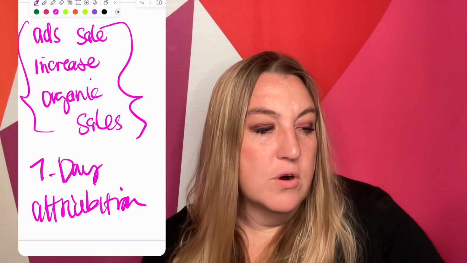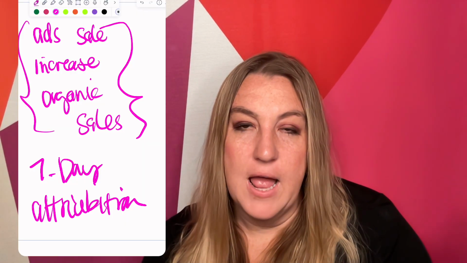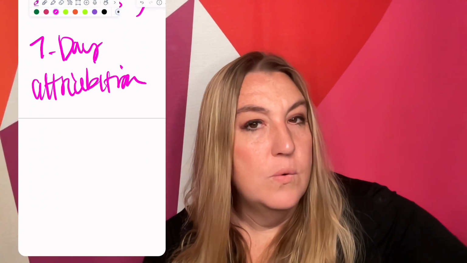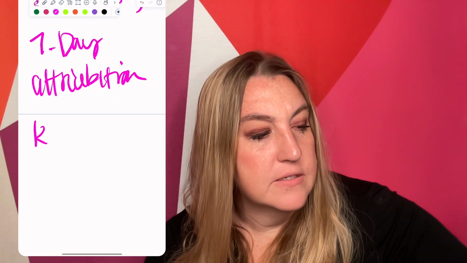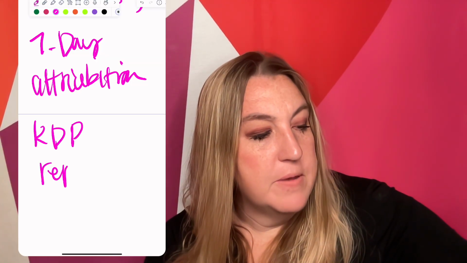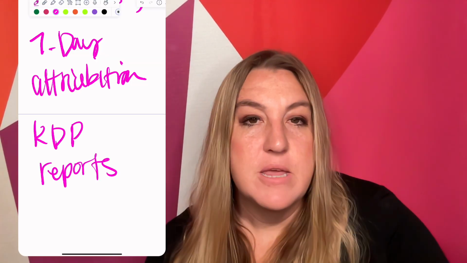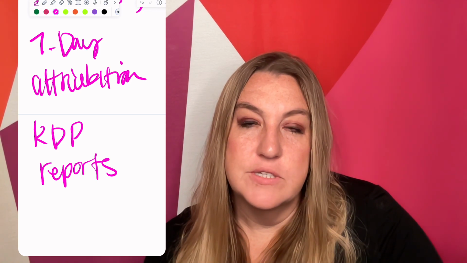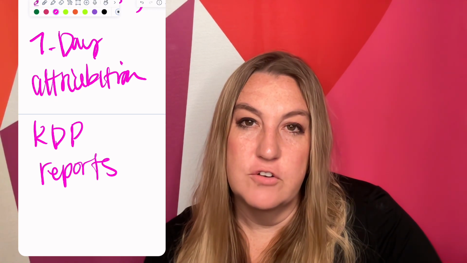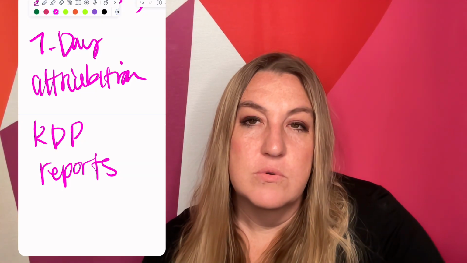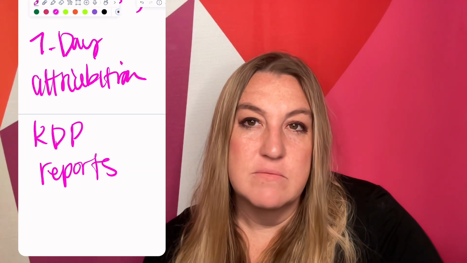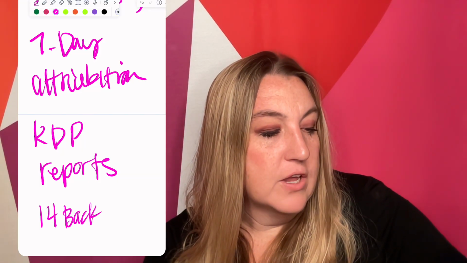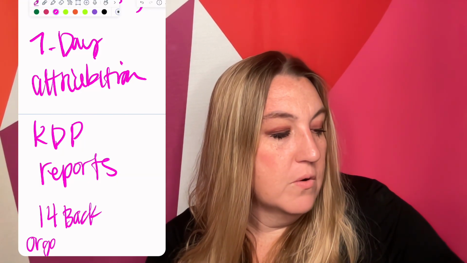When you're evaluating your ads, look at it on a 7-day period and then actually wait 4 more days and go to your KDP reports, because when you get a sale on Amazon from ads, you don't see it for a couple of business days, especially if it's hardcover. So give yourself some space, even look 14 days back and look at what your organic is.